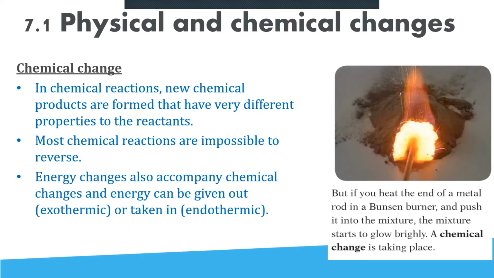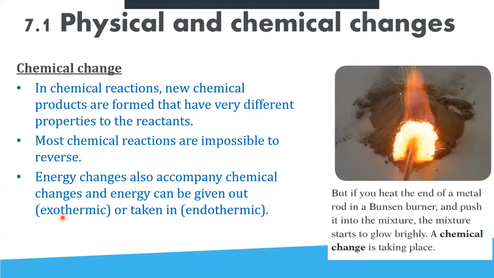Energy changes also accompany chemical changes. So in a chemical reaction, there's always a change of energy from environment to the reaction, or from the reaction to the environment. If from the reaction heat is released or heat is given out, then it is called exothermic. But if heat is taken into the reaction from the surrounding, then it is called endothermic.